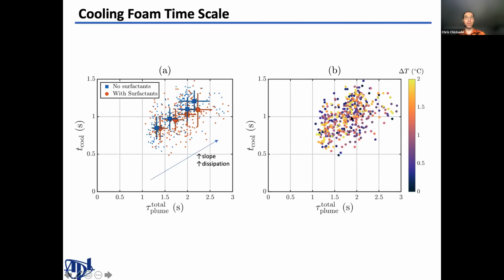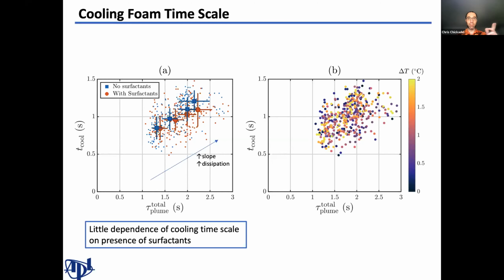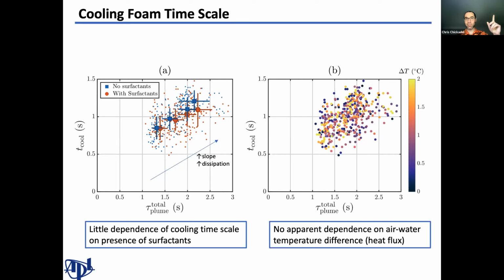And we basically see no dependence. So that's also good news. Again, this is a moderate case, but it is indicative of lots of the air-sea heat flux conditions we would see in the open ocean.